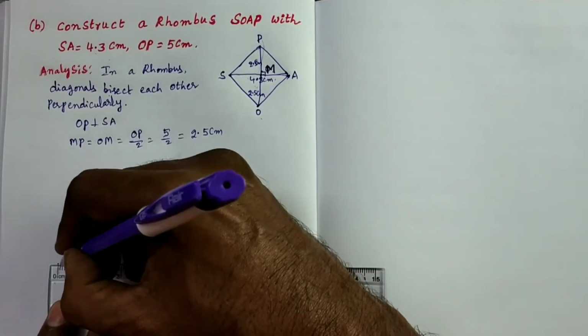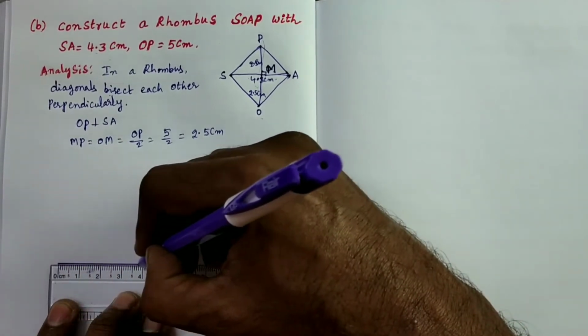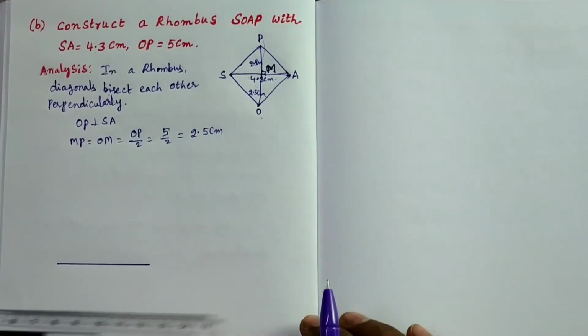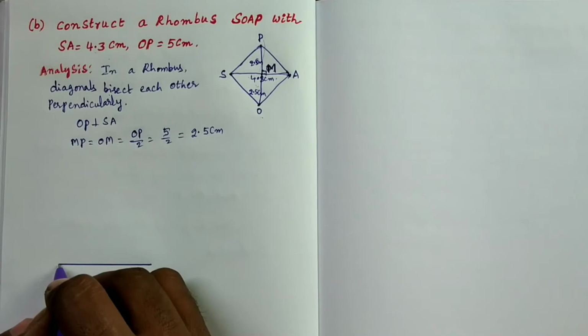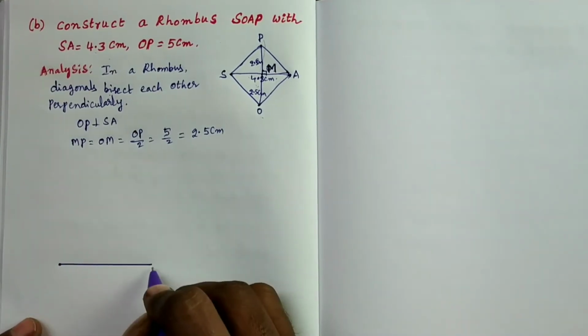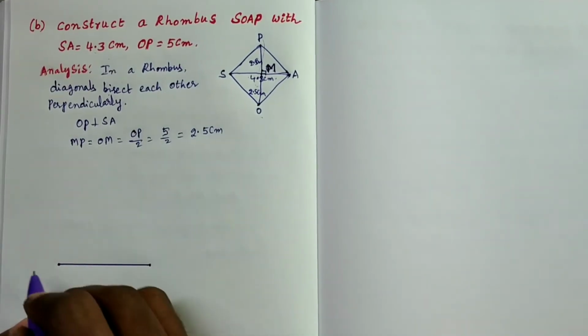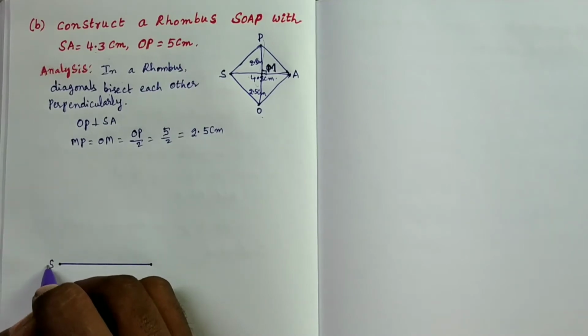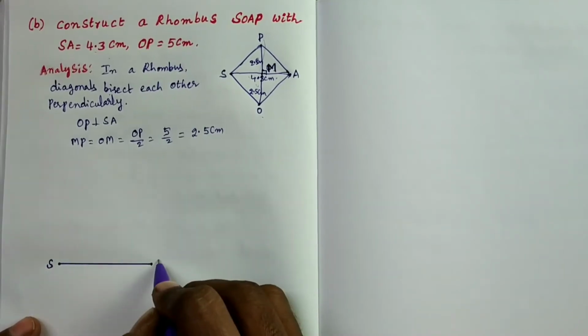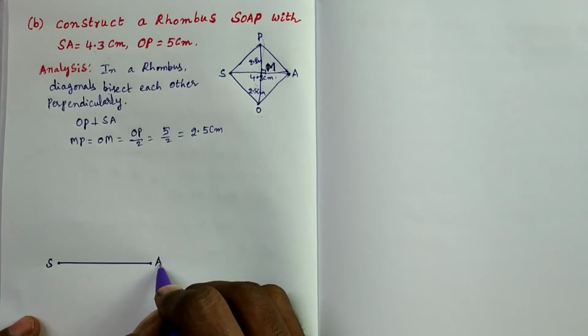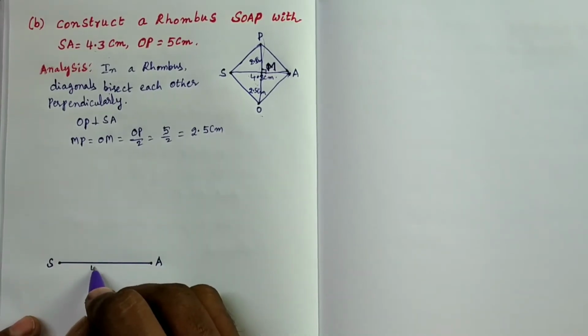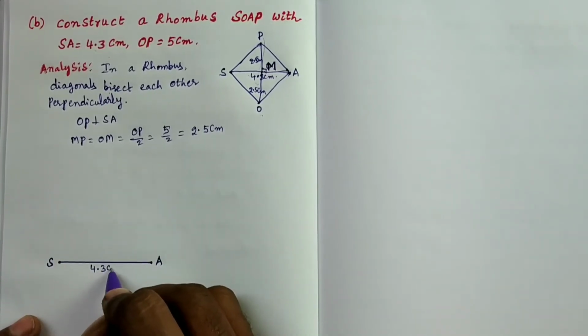Join these points. This is SA. That length is 4.3 centimeters.